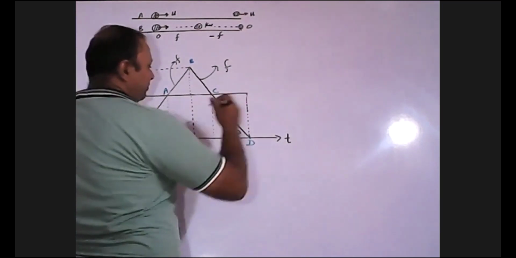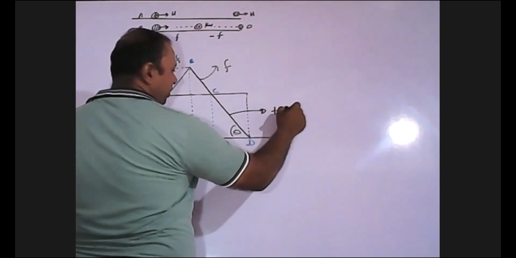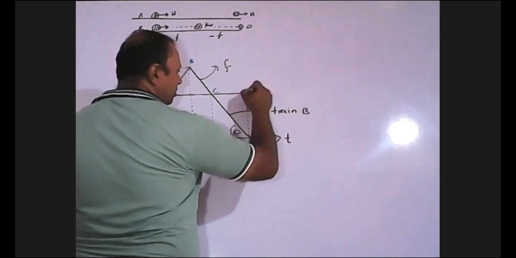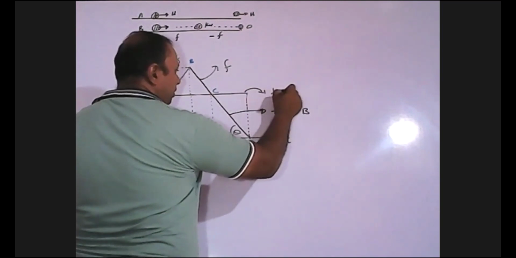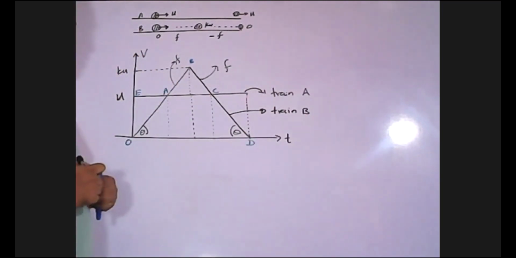This graph is train B. This is for train A. You have to mention that thing. Okay? You have to mention that thing.